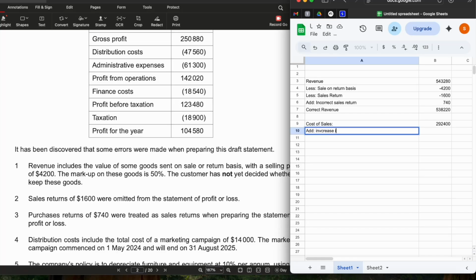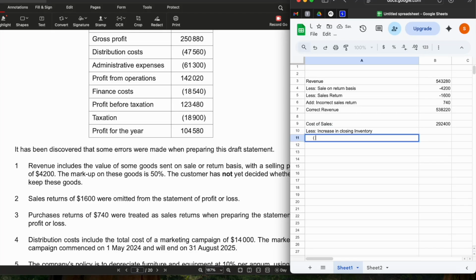This will decrease my cost of sales because my closing inventory is increasing. Increase in closing inventory. And how do we calculate that?